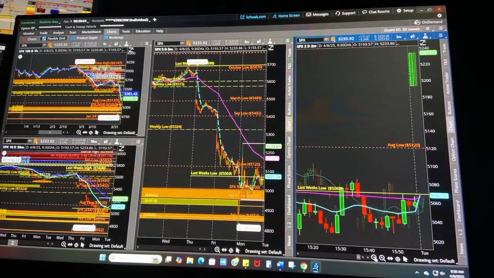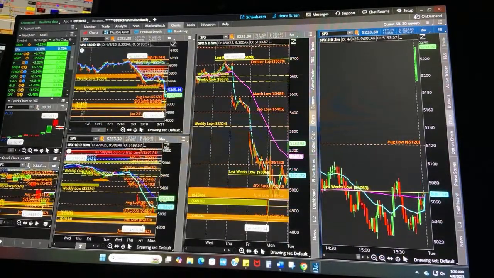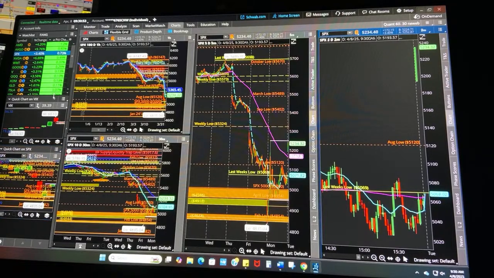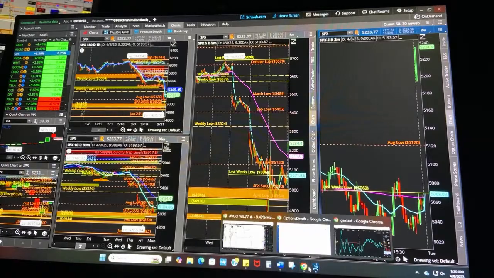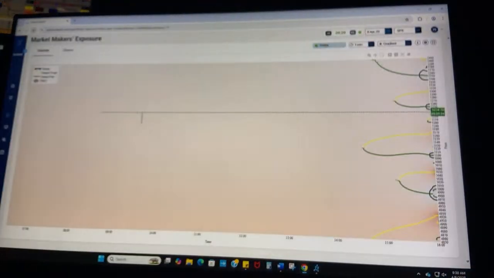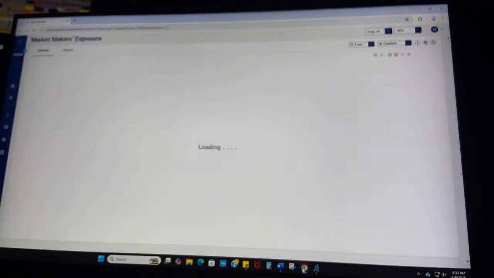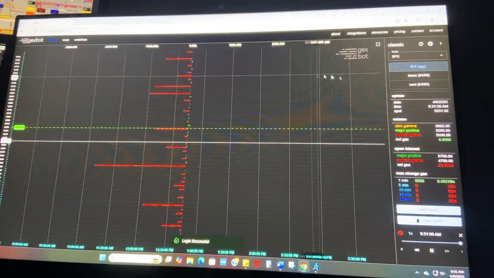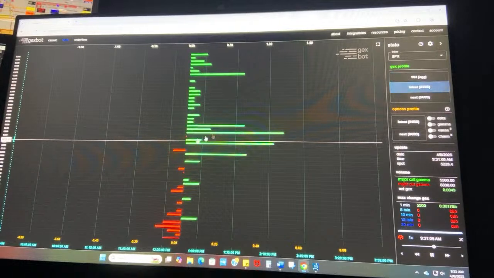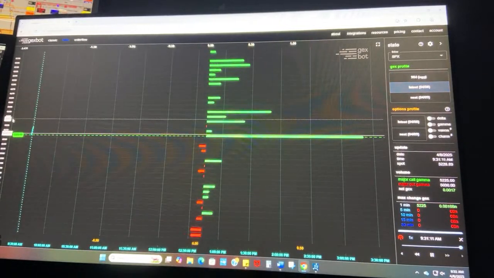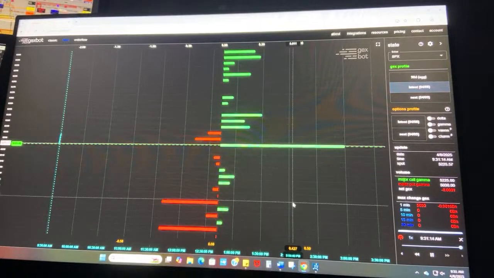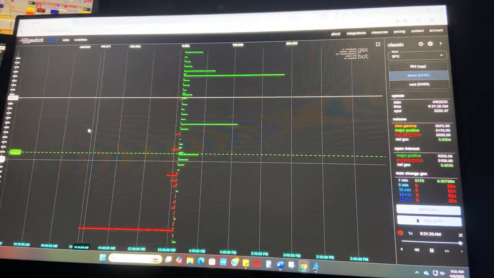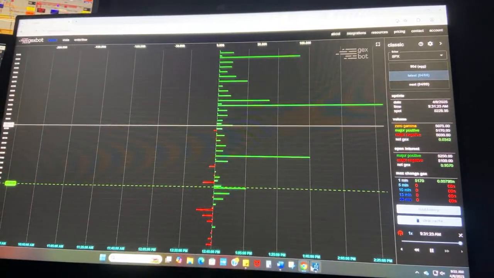Okay, stepping up a little bit here, still inside gap. Let me make sure all my stuff's loaded here properly. All right, stuff seems to be working fine here.